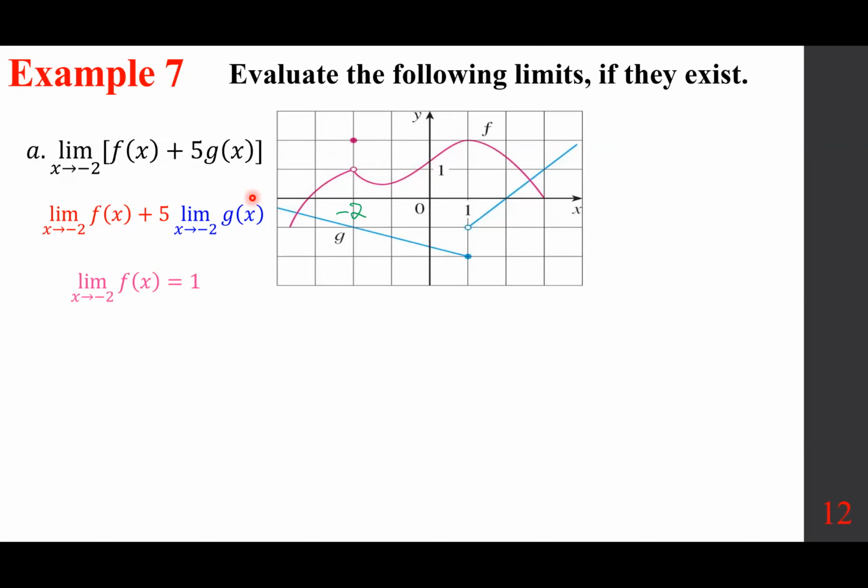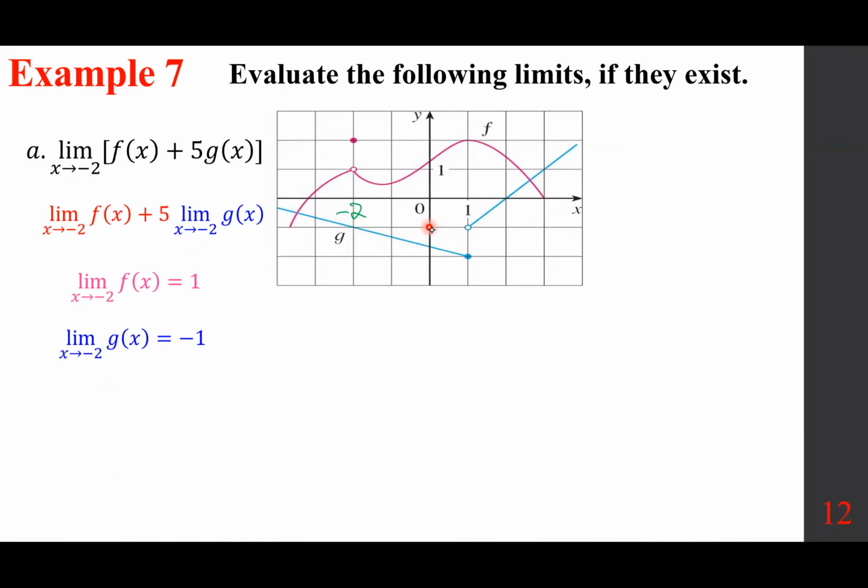For g of x, the blue function, as we approach -2 from the left and from the right, in both cases we are moving towards this point, and this point has a y coordinate of -1.